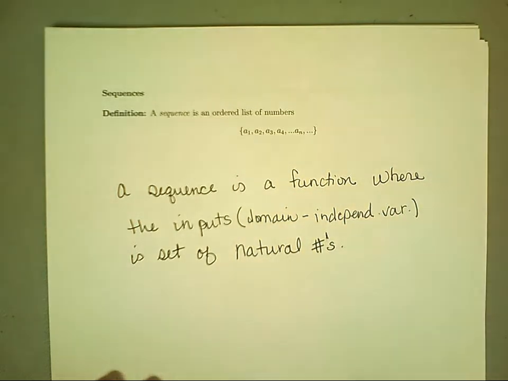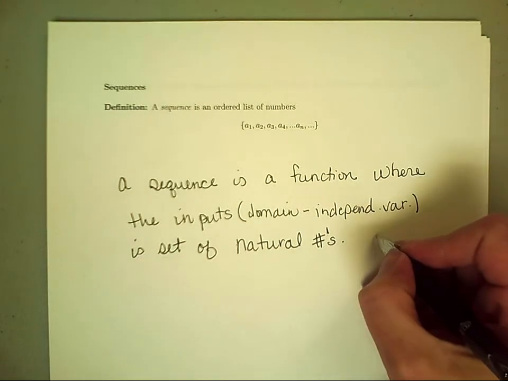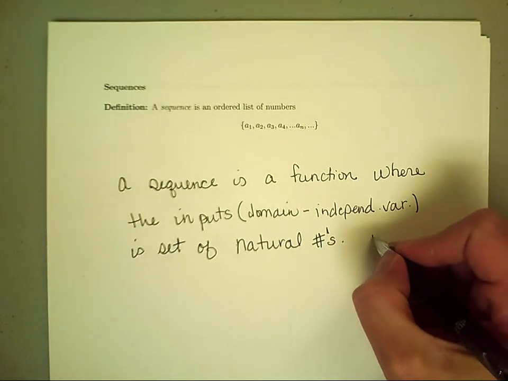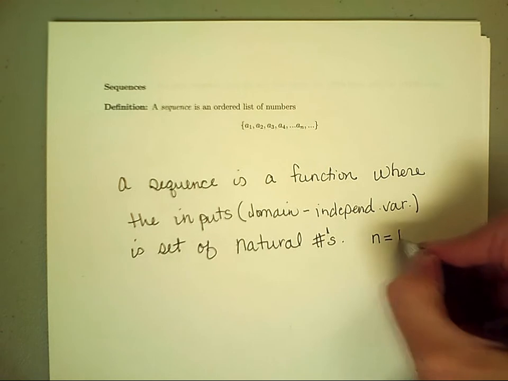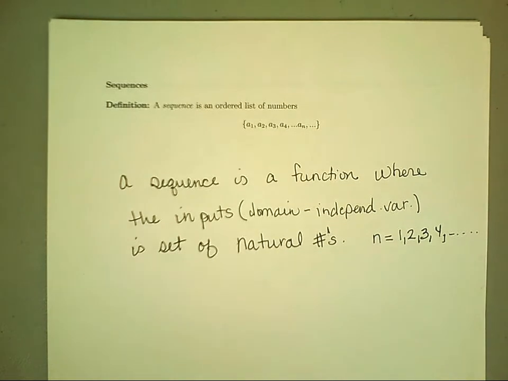Now I know it's been a long time since we talked at the beginning of the semester about what a natural number is, but remember a natural number, we'll call it n, starts at 1, 2, 3, 4, etc. It's the set of positive integers. It does not include 0.